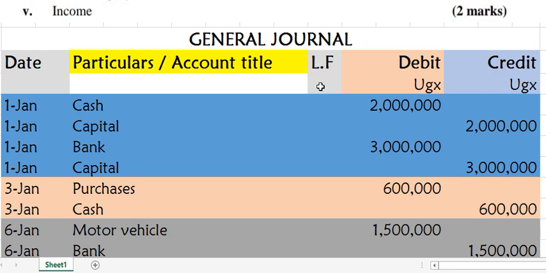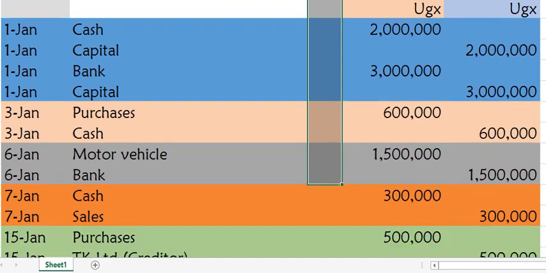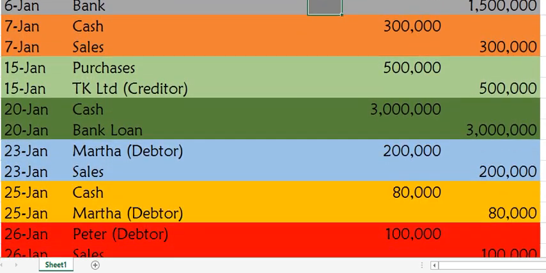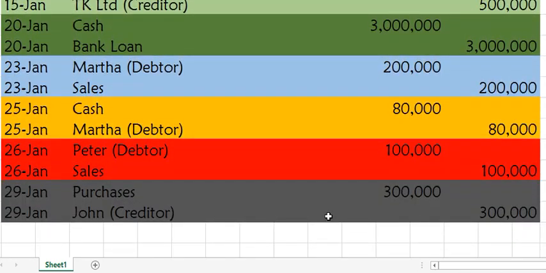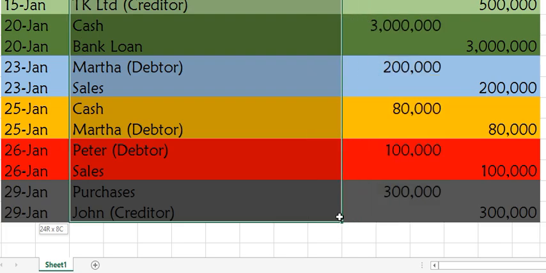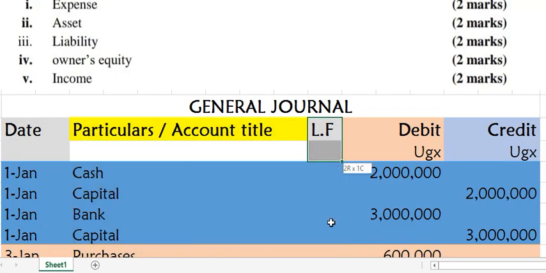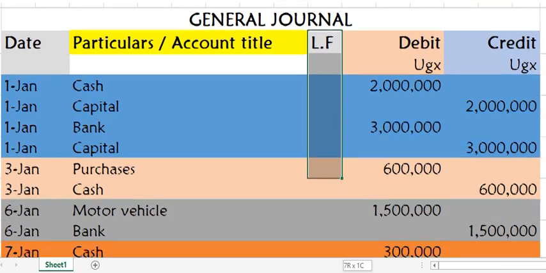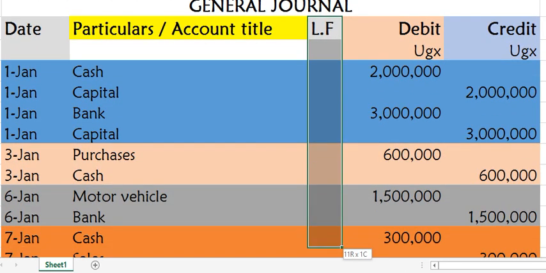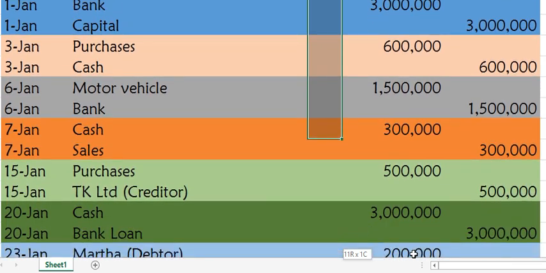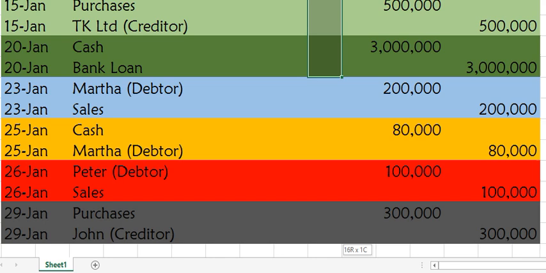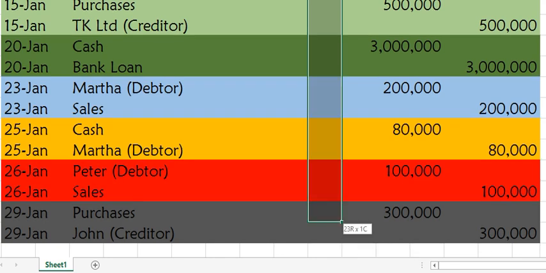And when it comes to the folio column, I've also ignored it because we don't have details about the folio, the reference numbers. That's why I've ignored that column.